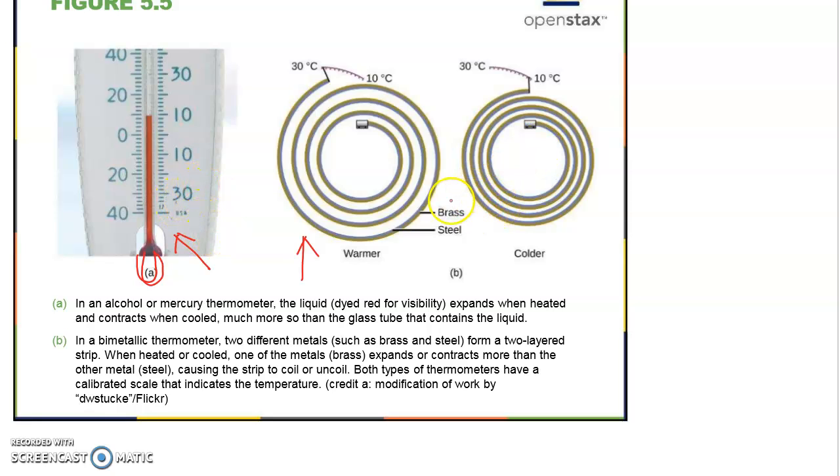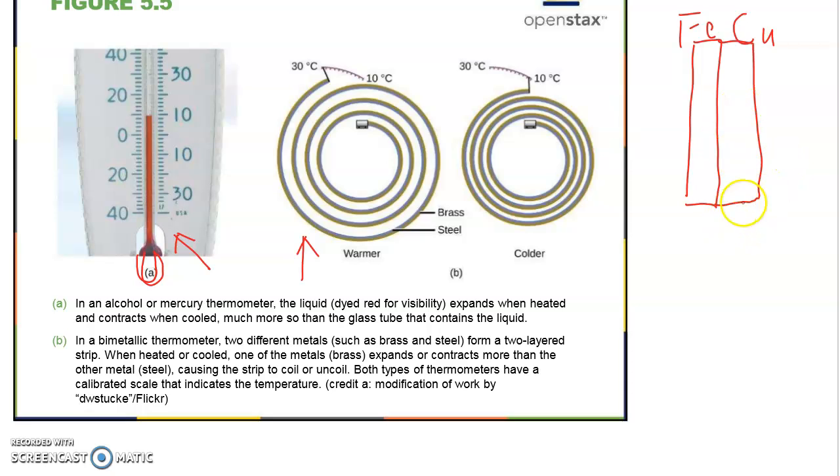Okay, so what about this type of thermometer here? It's made from a bimetal strip, like this. Let's say I have two different metals. For example, on the left, I have iron. On the right, I have copper, and I glue them together. Let's say the copper will thermally expand more than the iron.